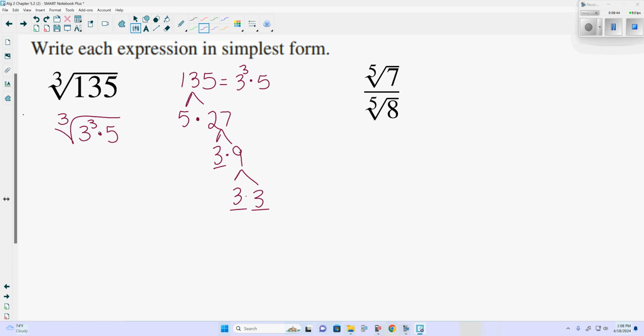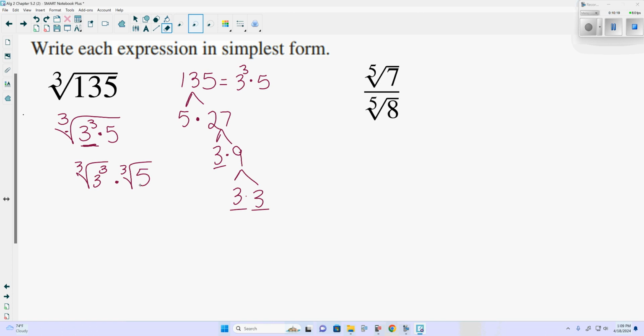So, our next step, what is the third root of 3 to the third? Third root of 3 to the third. Really, all we're saying is, if we break this apart, we have the third root of 3 to the third times the third root of 5.